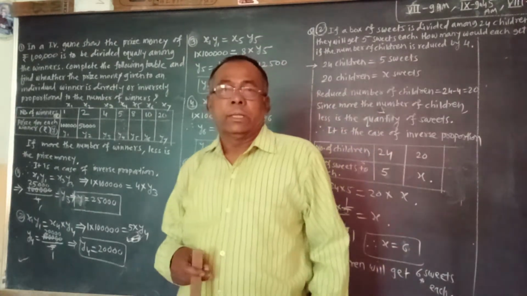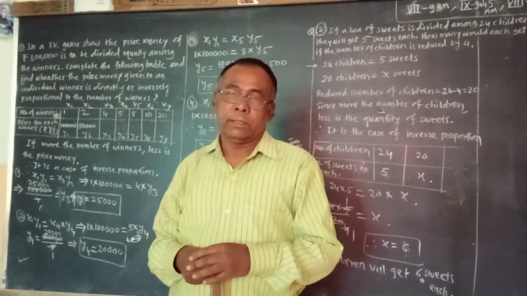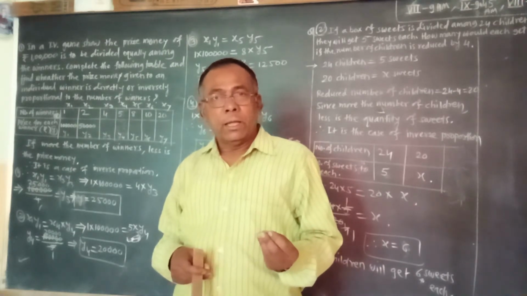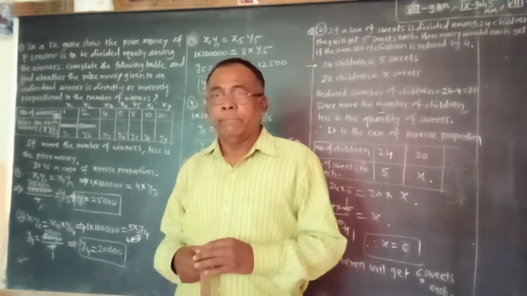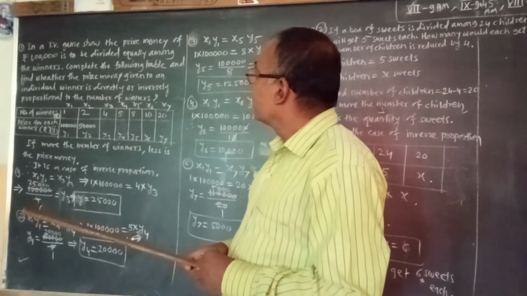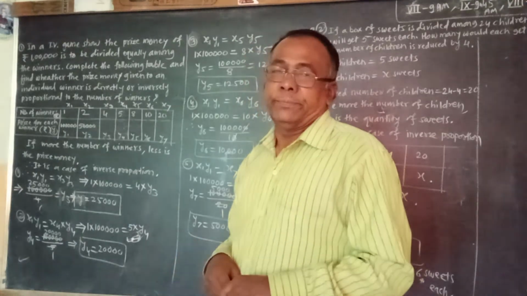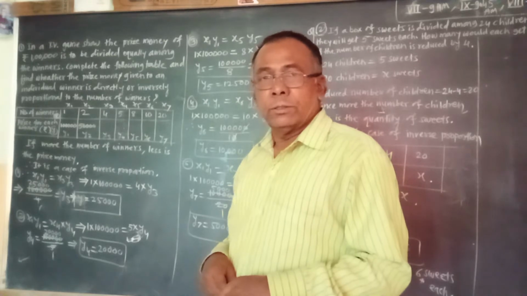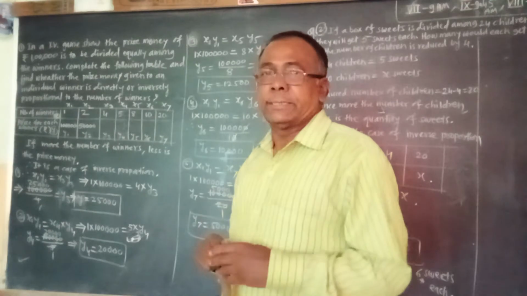Means total prize is rupees 1 lakh. If the winners are more, then the prize amount will be distributed between them, so the part of the prize will be less.